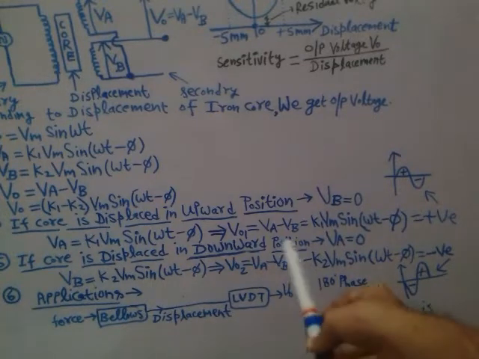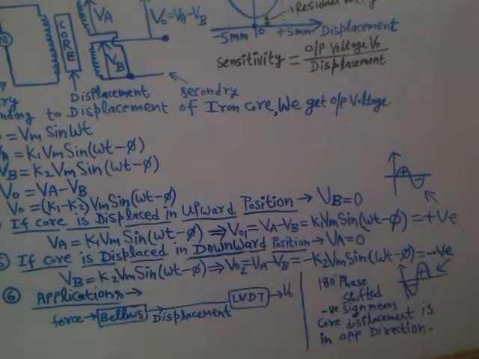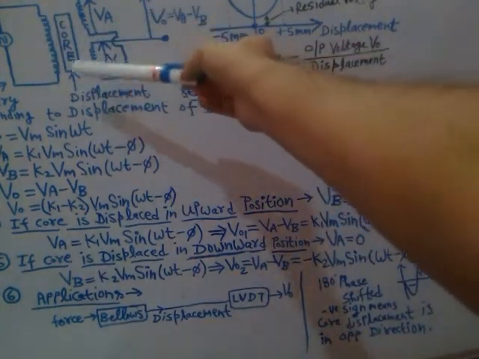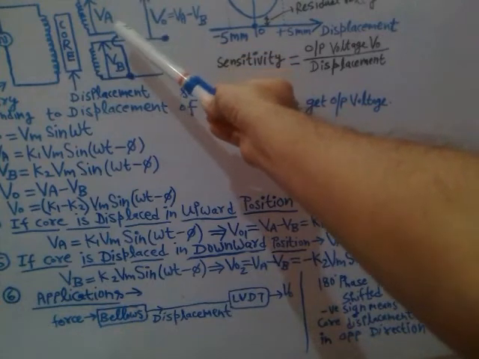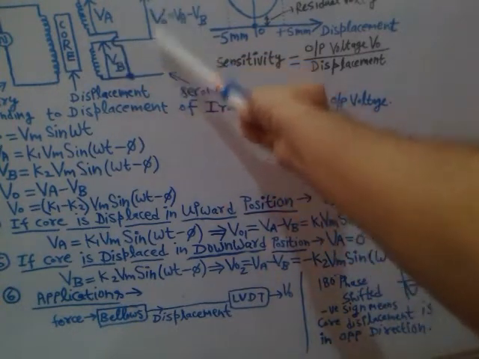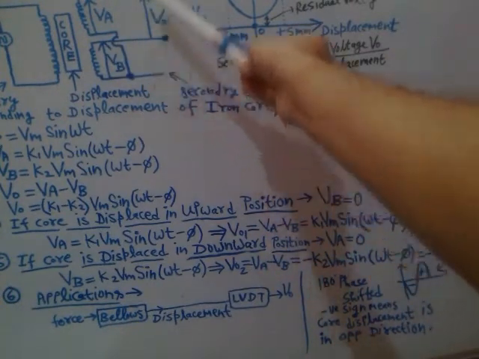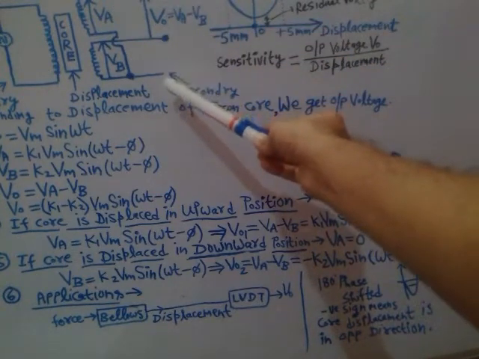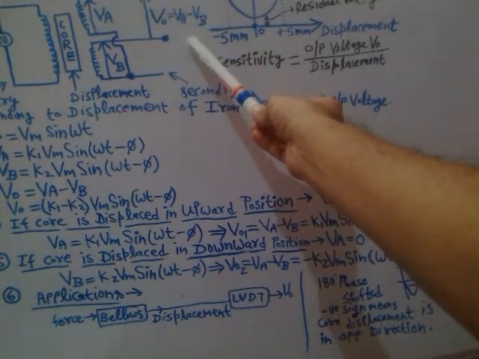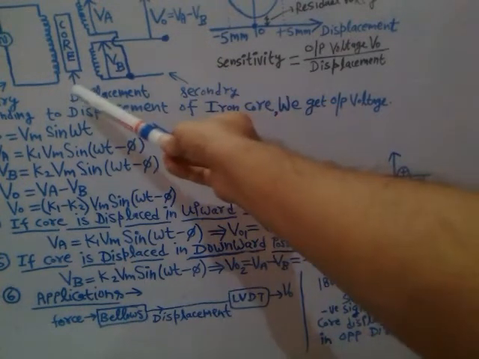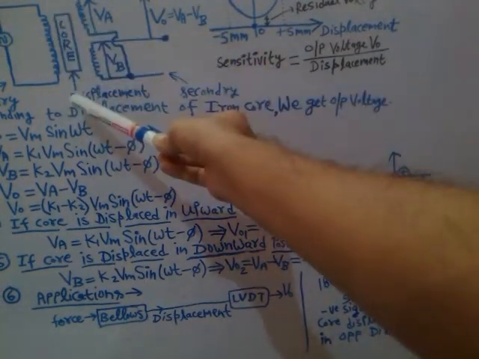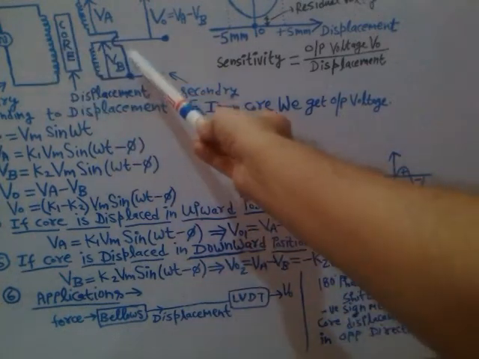Likewise, depending on the displacement that you provide to the soft iron core, the differential output voltage will be obtained in the secondary side, corresponding to the displacement provided to this soft iron core, which is placed between primary and secondary.